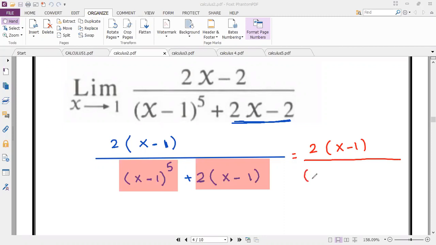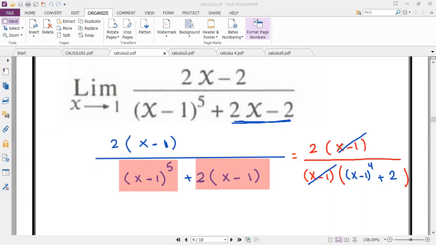If we take x minus 1 as a factor here, you will get, because I have (x minus 1) to the power of 5 divided by x minus 1, so it will be (x minus 1) to the power of 4, plus 2 multiplied by 2(x minus 1), and I took x minus 1 as a factor, so you have here 2, okay? Then you are going to cancel x minus 1 at the top and x minus 1 at the bottom.